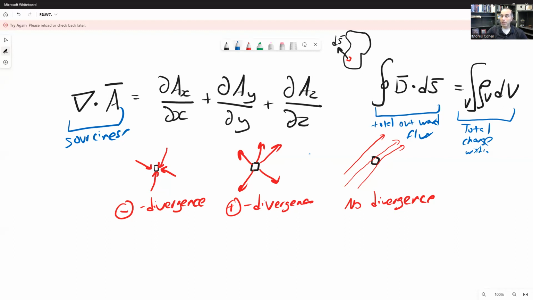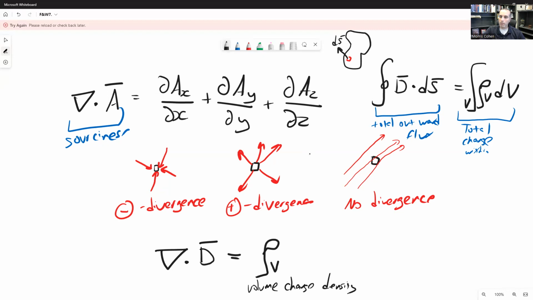All right. So given this, we can probably directly relate the divergence of the electric flux density D to something very close to the charge. And it turns out that Gauss's law can be reformulated in the following way: the sourciness, or the divergence, of the electric flux density equals the volume charge density, right? This is volume charge density, in units of coulombs per meter cubed.